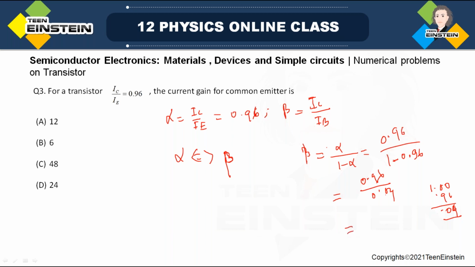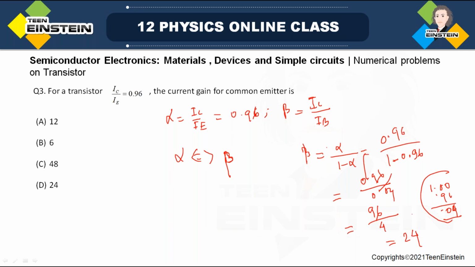If we remove the decimal point and make them whole numbers, this will be 96 divided by 4, so it will eventually be 24. 24 will be the answer for this question.